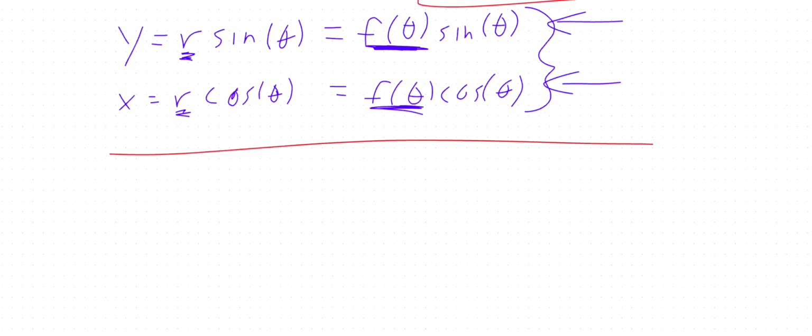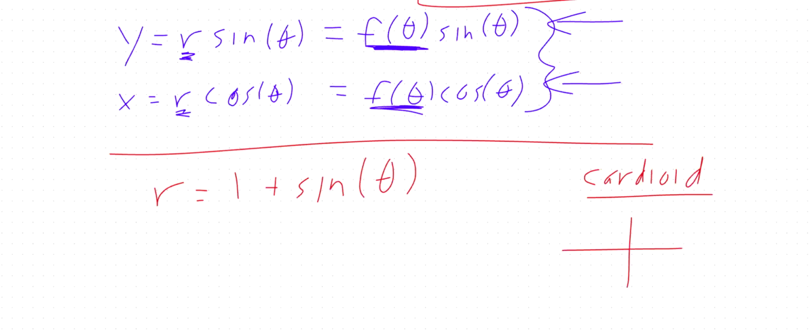Let's have r equals 1 plus sine of theta. If you haven't already watched the video about graphing, this is what's going to be called a cardioid. And the graph's going to look something along these lines.